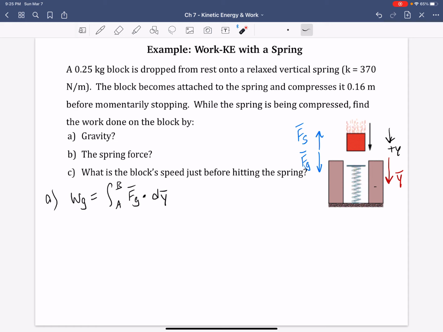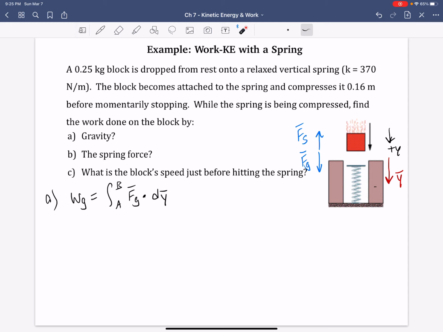But remember that the spring force gets stronger and stronger the further the spring is from its equilibrium position. So eventually the spring force will overcome the force of gravity and do negative work and compress it to a stop.